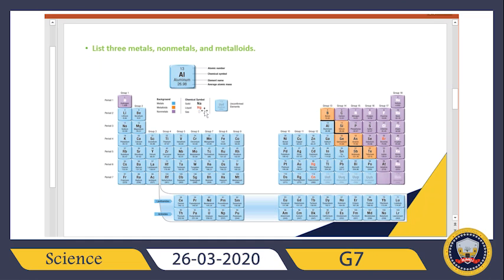For example, all black colored letters are in solid form in nature, red colored elements are in liquid form in nature, and white colored letters are in gas form in nature, like hydrogen, helium, nitrogen, oxygen, fluorine, chlorine.